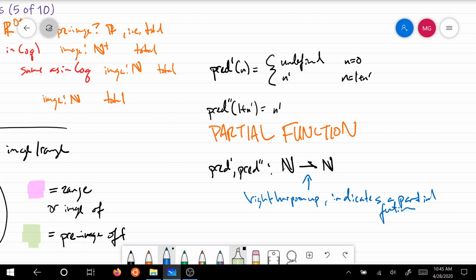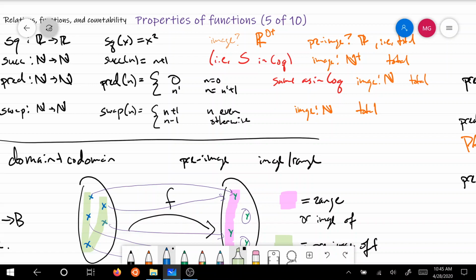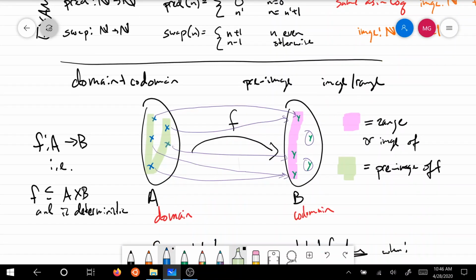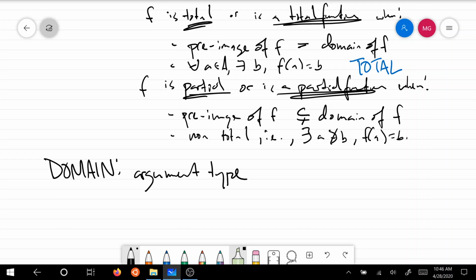We've defined 4 example functions. We've seen a lot about their parts, talked about their domains and their codomains, which is just basically saying the parts of the type. The domain is, let me write this down actually so it's even in the notes, the argument type. The codomain is the return type.